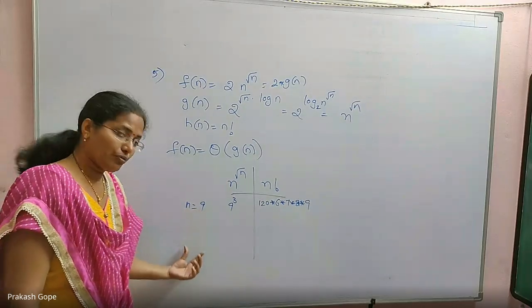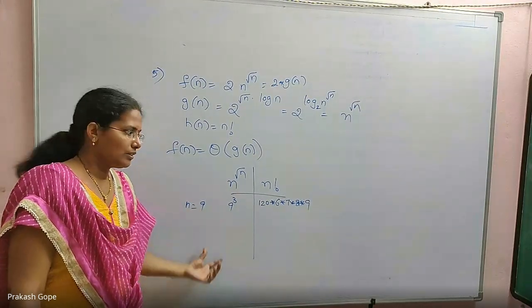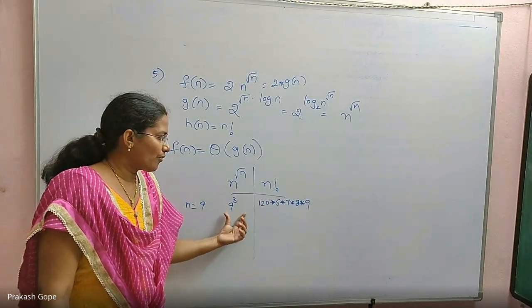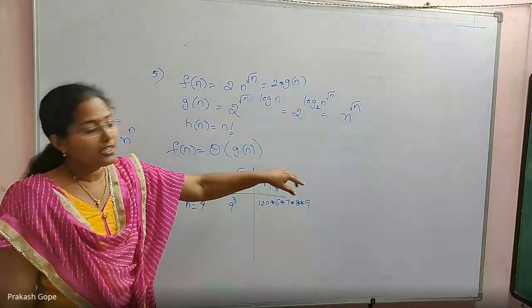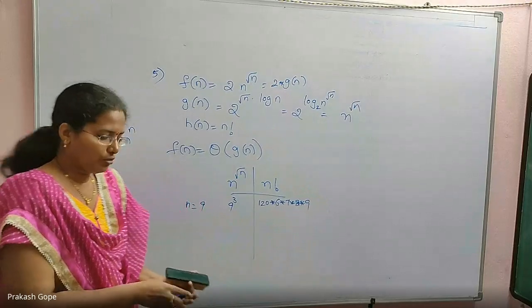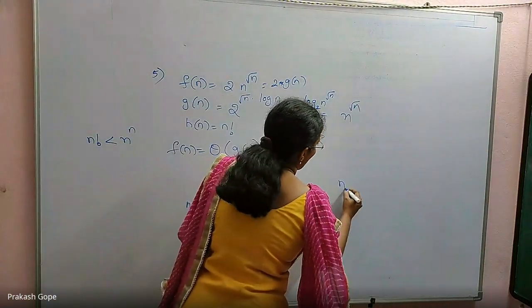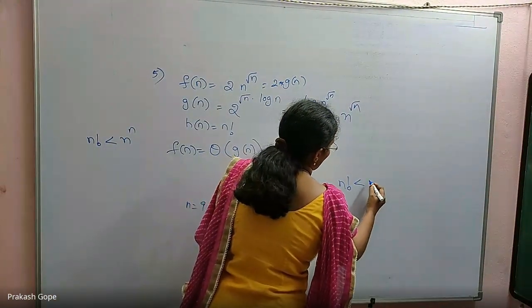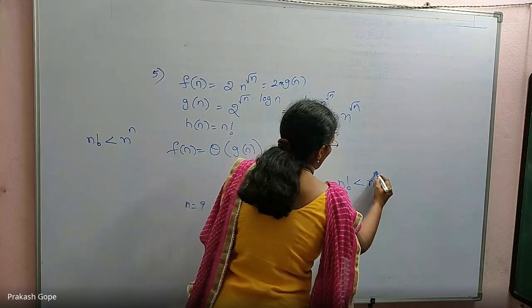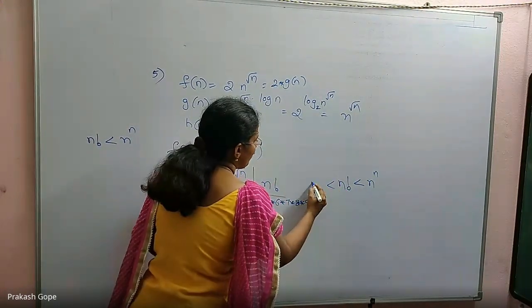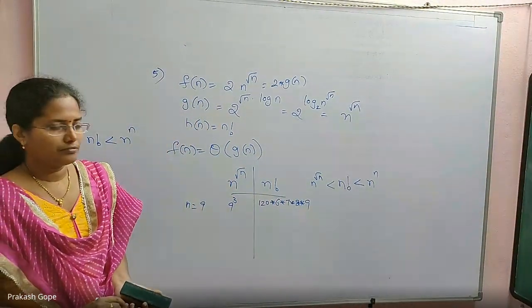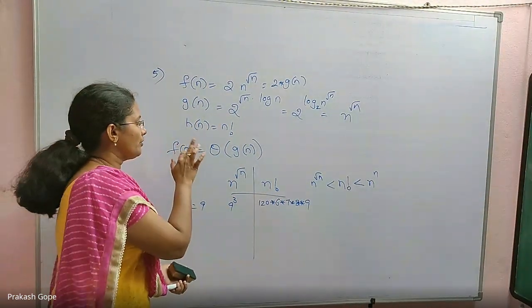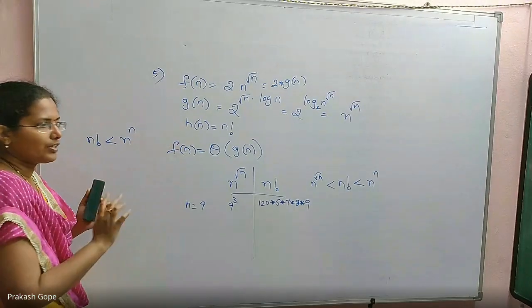But if you go on for 20, 100, 1 lakh, you see n power square root of n is much smaller than n factorial. But n power n is much greater than n factorial. We know this relation already: n factorial is less than n power n. But n power root n is less than n factorial. So the relation between g of n and h of n is clear.